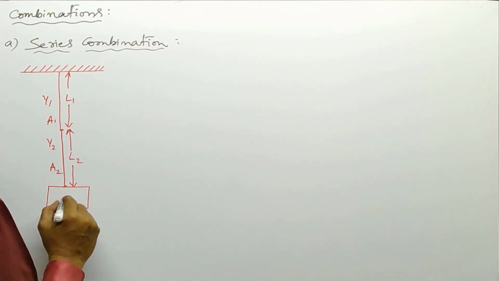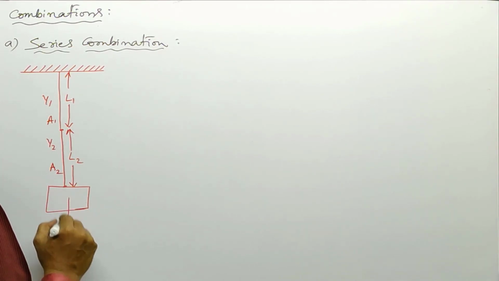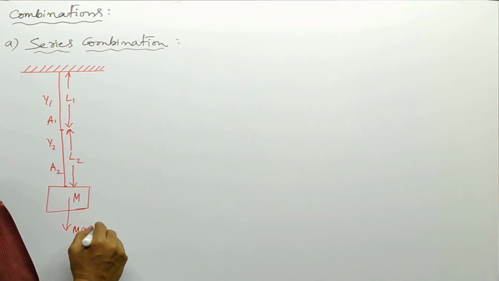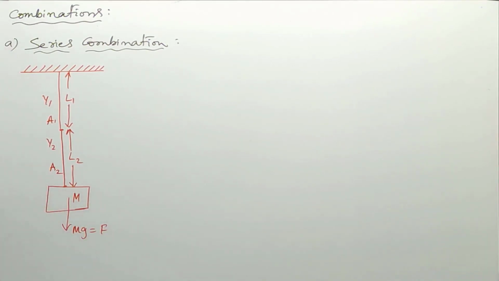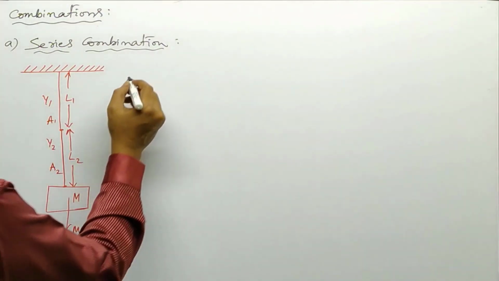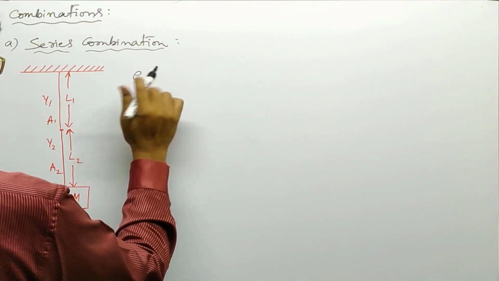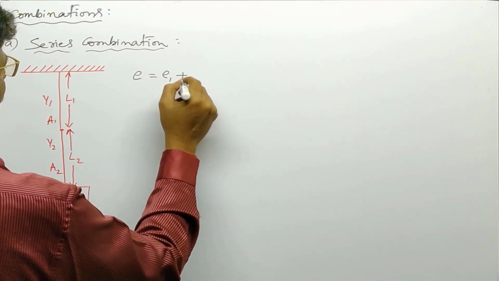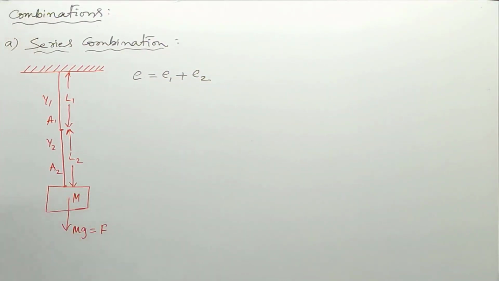When a load capital M is suspended, capital M is equal to F. The load is suspended from the two different wires. Then in this case, total elongation E is equal to E1 plus E2.